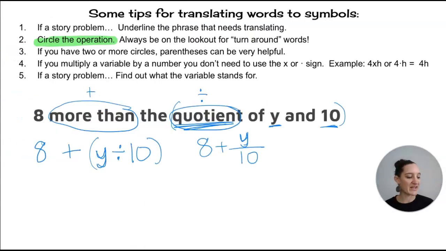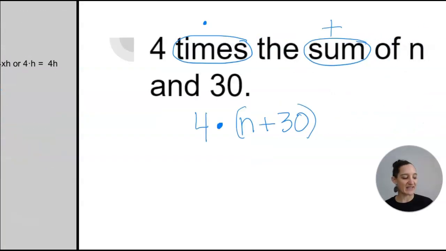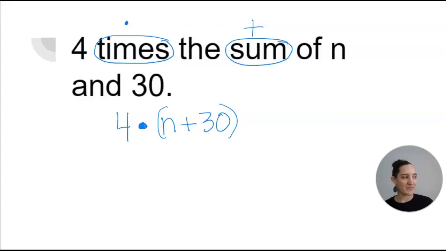Another little hint: if you multiply a variable by a number, you don't need the times or the dot sign. Because a number is being multiplied by parentheses or by a variable, we don't need it. So more often than not, you're going to see it written like this. This shows 4 times the sum of n and 30.